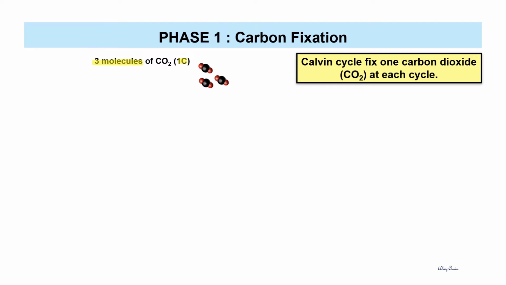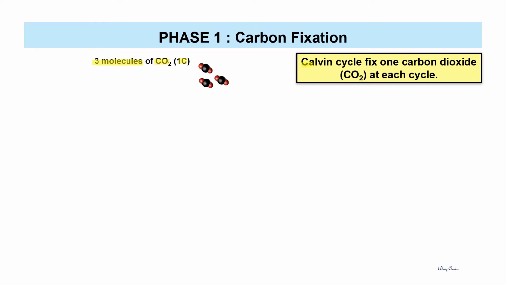Because, as I said, at the end of carbon fixation, the CO2 will be reduced into the organic molecule glyceraldehyde 3-phosphate, a 3-carbon compound. So to produce glyceraldehyde 3-phosphate, we need to fix 3 molecules of CO2.